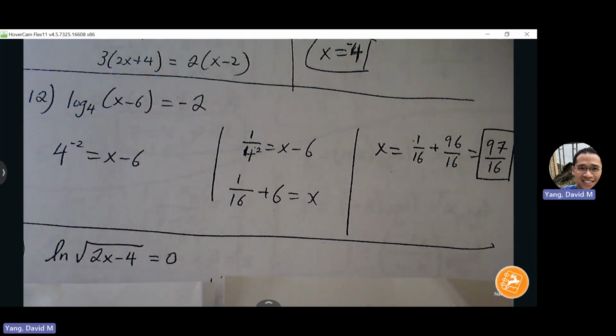Once you get that log base e showing that base, you can just quickly get it into exponential form. And then just focus on figuring out how to solve for x.